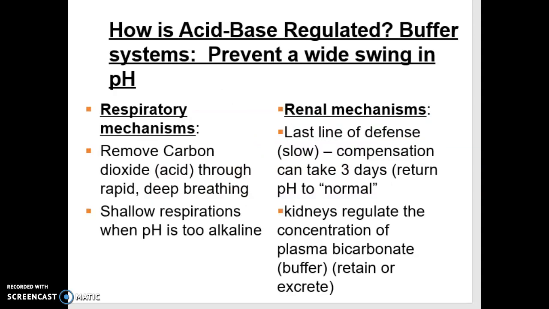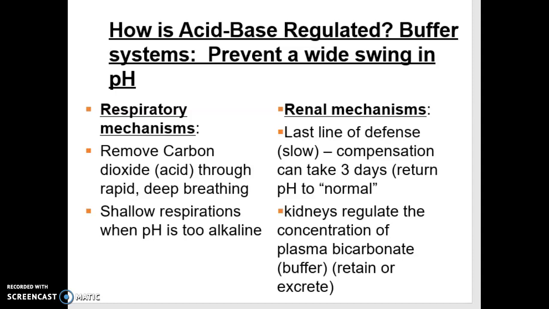So the compensatory mechanisms that happen have to do with excreting or retaining carbon dioxide and excreting or retaining bicarbonate. The respiratory system works pretty quickly. So if the person is retaining carbon dioxide in the respiratory system, the brain will automatically instruct your brainstem to increase the respirations both in quantity and in depth.